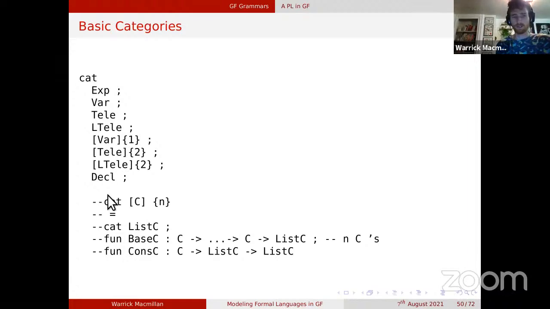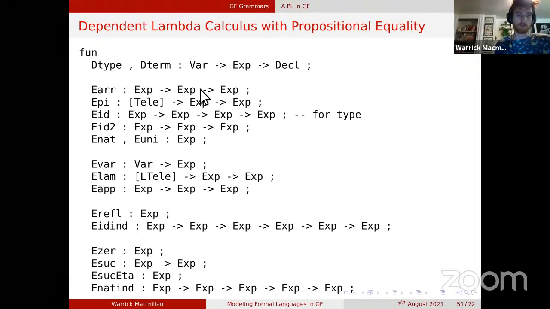I don't know if you covered list, but you can unfold a list declaration to a category, which is just desugared into two functions, with the base case having n categories. You're presumed to have the variable before you introduce the list. I have no idea if that's redundant, but it's good to see again. So this is just the abstract syntax.